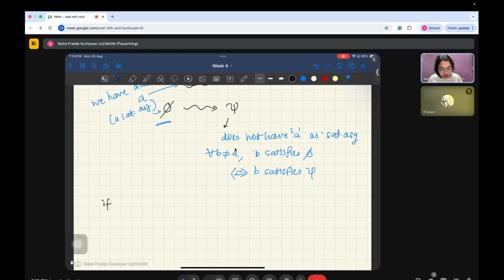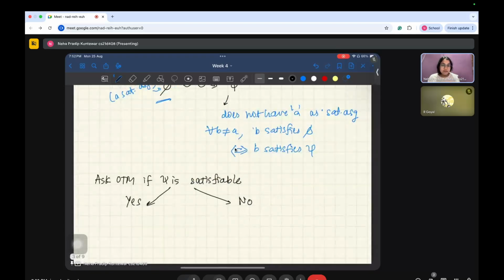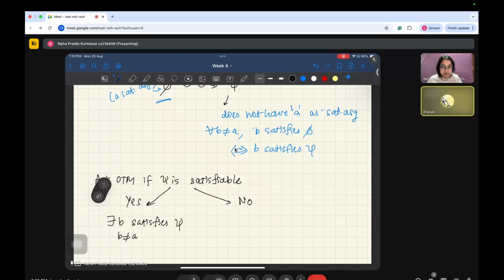We will ask the OTM if psi is satisfiable. If the OTM says yes, what does that mean? It would mean that it has a satisfying assignment. In case phi has many satisfying assignments and I have excluded only one assignment A from psi, the OTM will say yes.